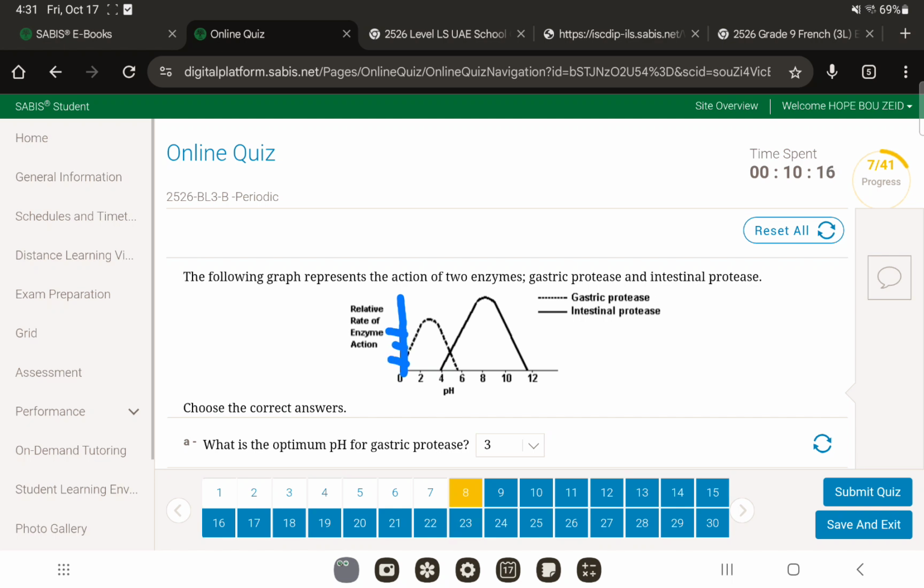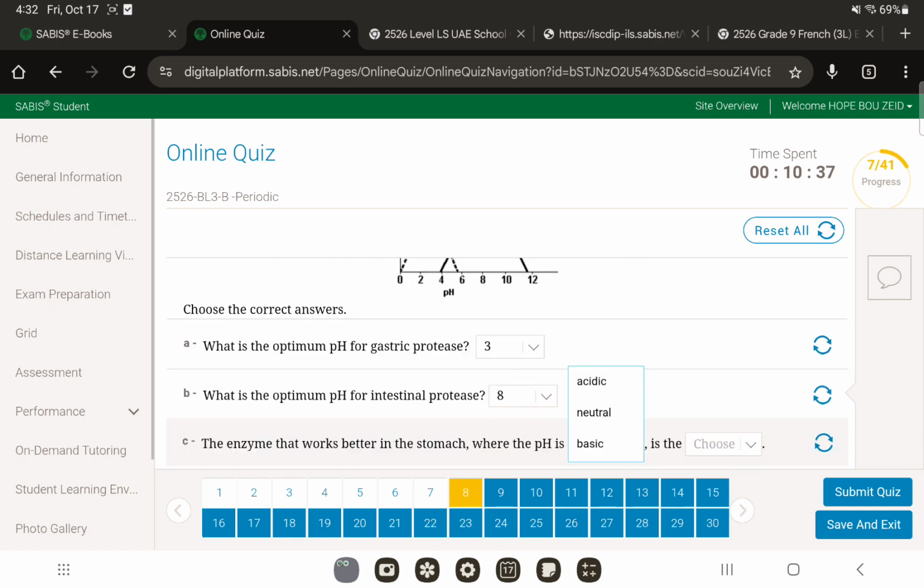I might be wrong, but how I found out that it's gastric protease and not intestinal protease is because it's shorter, showing that it generally takes less time than intestinal, which shows that it works better.